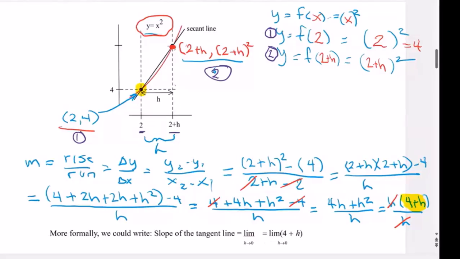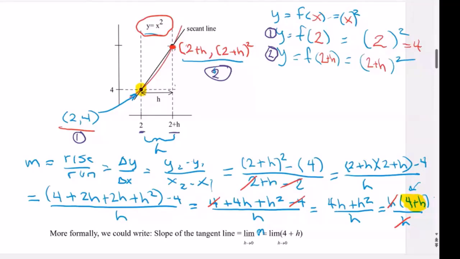We could write the slope of the tangent line is equal to the limit of m, because m is my slope, as h approaches 0, which is equal to the limit of 4 plus h as h approaches 0.